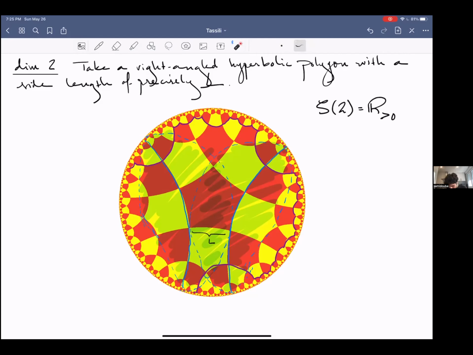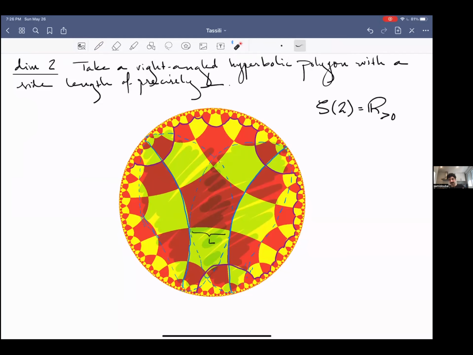The point here is that if I take any convex union of tiles in this picture, it will still give me a Coxeter polygon. So it will still give me a polygon, and more specifically, a right-angled polygon. And I know that the group generated by the reflections in the sides of a right-angled polygon has precisely the fundamental domain that I think it has, right?